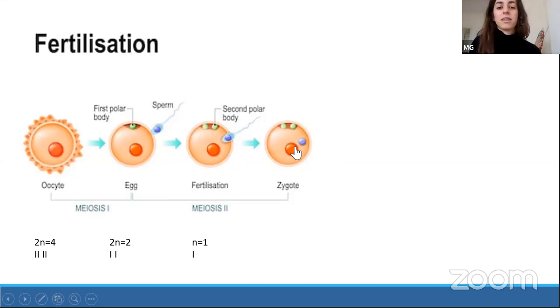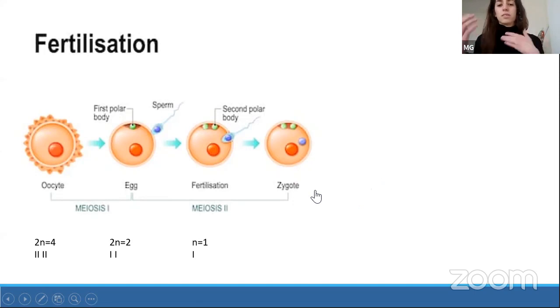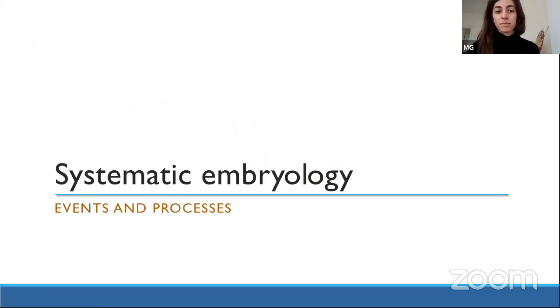As you can see here, the nucleus of the oocyte and the nucleus of the sperm cell are going to disintegrate and make a new nucleus. And now the oocyte and the sperm have met, and they make a zygote. So we're going to move on to see how the zygote develops. This is systematic embryology.